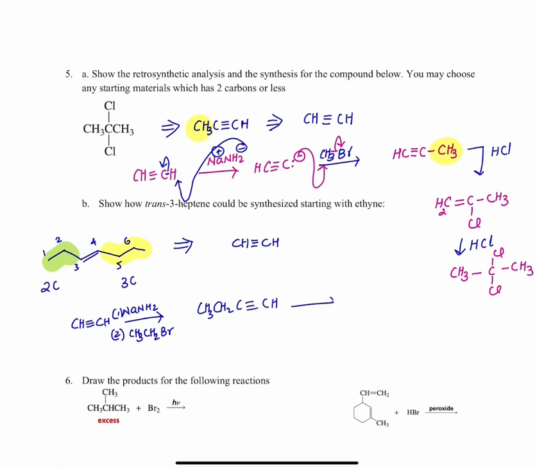And you will perform this reaction one more time, but this time with propyl bromide. And that's going to put the new carbon-carbon single bond on this side.